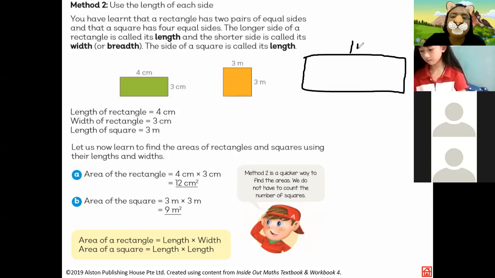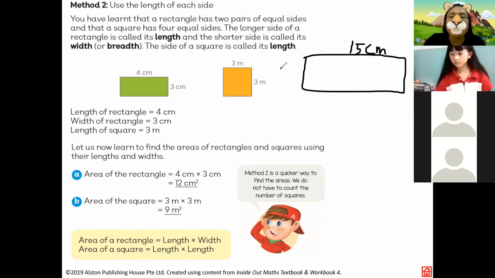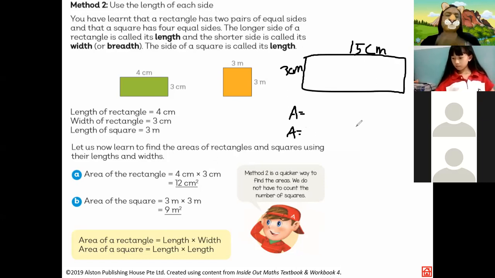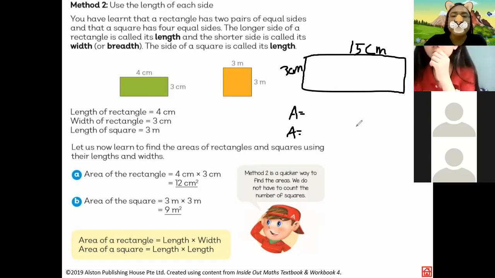This one is 15 centimeters, and here is 3 centimeters. Find the area of this rectangle. Three centimeters and 15 centimeters, class.